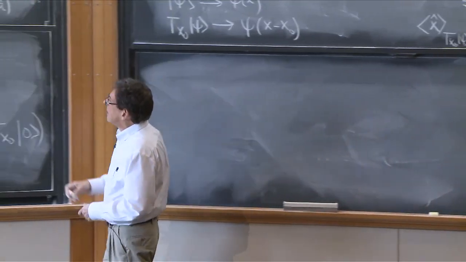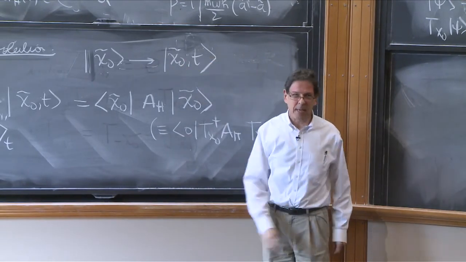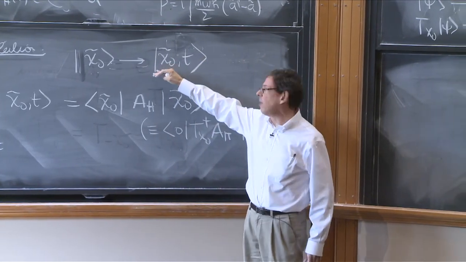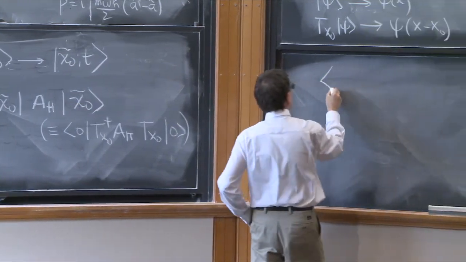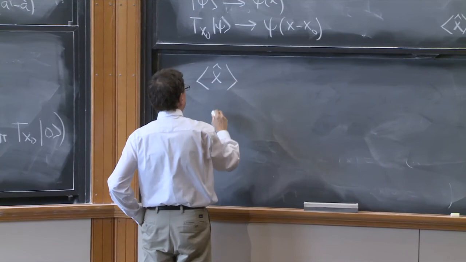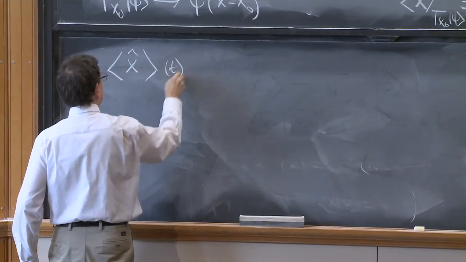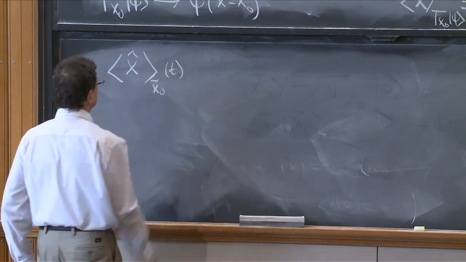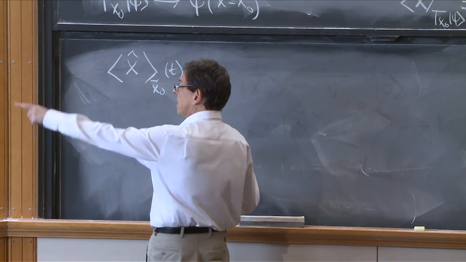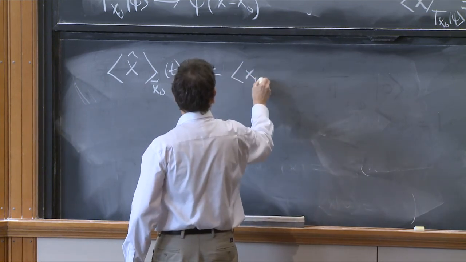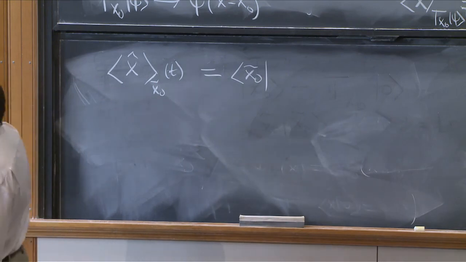And the reason this is a nice calculation is that the time evolution of the state is a little complicated. We'll figure it out later, but it's easier to work with the time evolved state. So here it goes. What is the expectation value of x as a function of time on the x naught state? Well, it says here, take the x naught state and take the Heisenberg value of x.